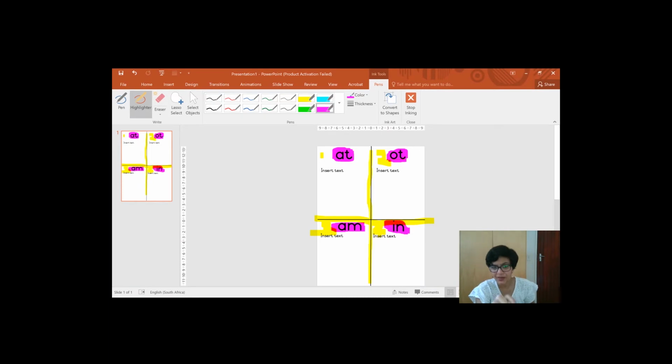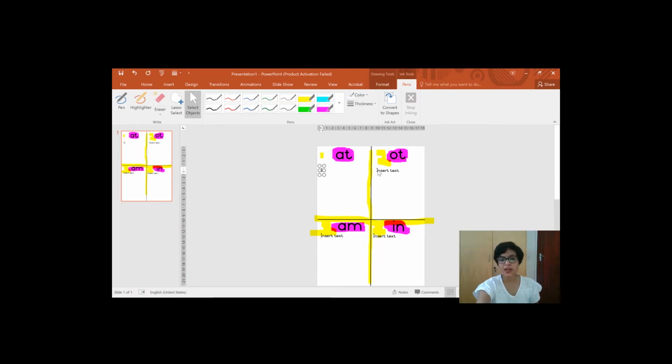Okay. So what we are doing in this activity is we are writing words that have that sound in it. So for example, look at the first block. We have the sound "at". I put that first because we did work with it yesterday. We had words like cat, mat, sat, hat.